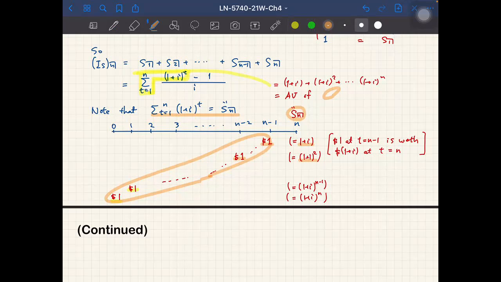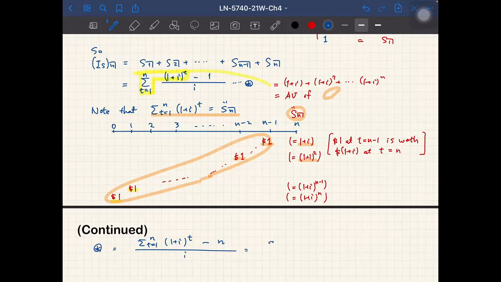Okay, so now that we want to calculate this quantity, it is equal to s double dot angle n minus n, all over i, after taking the summation.